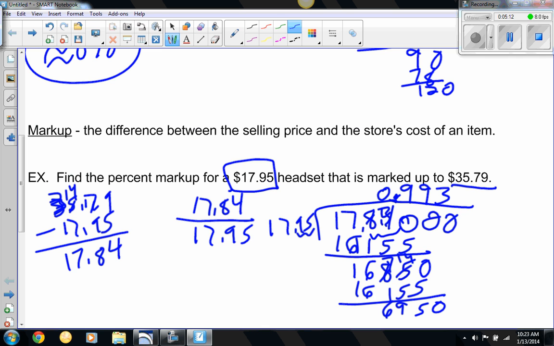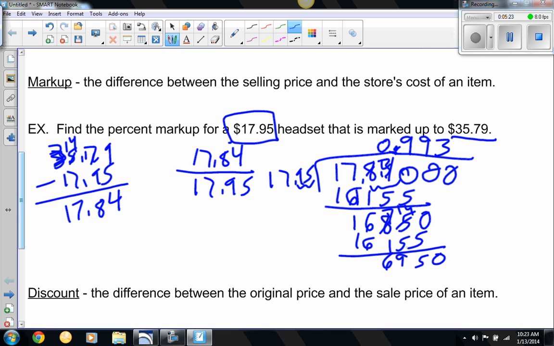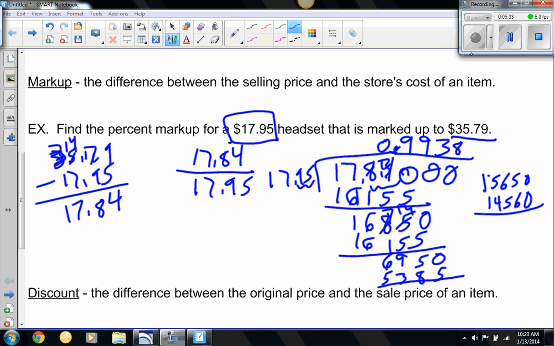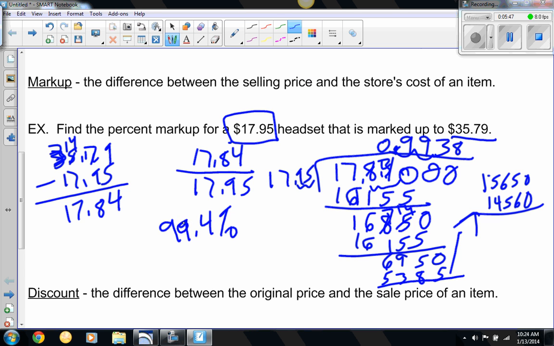So we're probably just going to go until we could round it to the nearest. This one would probably be better to do 1/10% since we're going to be dealing with two numbers here. So here I had to continue this problem up here because I ran out of room. That's probably far enough, so let's change it to a percent. And let's round it to the nearest 1/10%, so 99.4%. And you could see here, because the numbers were really close, you knew it was going to be close to 100% just by looking at it.